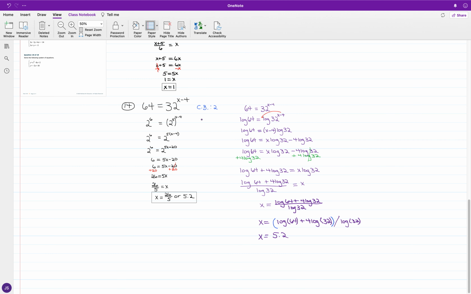So if you got the common base, chances are you will have worked through the problem more quickly. But again, if you were treating equations that might have no common base, you can take base 10 or natural logarithms on both sides.